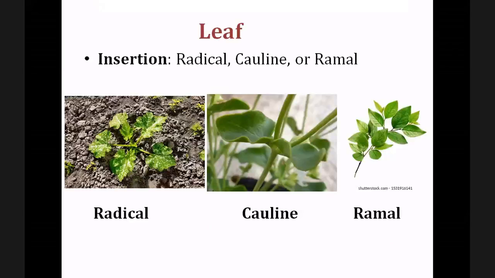Up to now, we discussed the stem. Now we move to the leaf. By using the leaf, how can we describe an angiosperm plant? Under the leaf, first the insertion. Insertion means the angle and the orientation of the plane of the leaves with respect to the stem. Normally the leaves are arranged in a plane in the plant.